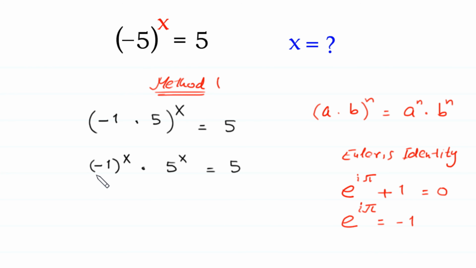So we replace this negative 1 with this e to the power i pi. In place of negative 1, we write e to the power i pi whole to the power x times 5 to the power x is equal to 5.